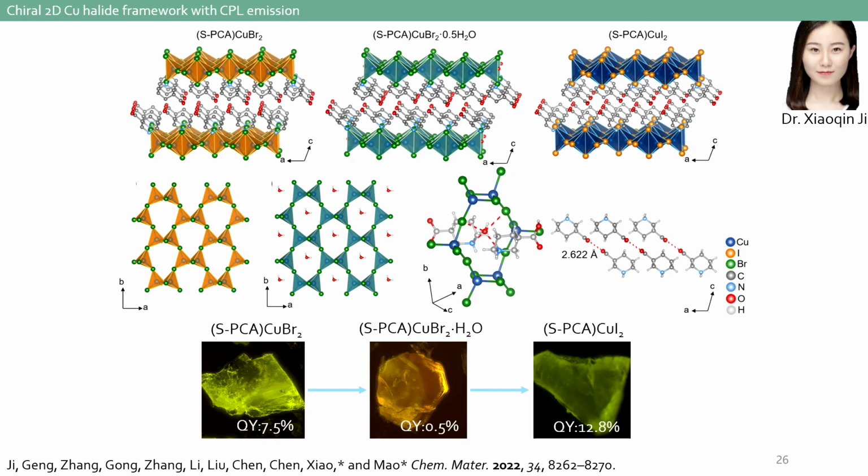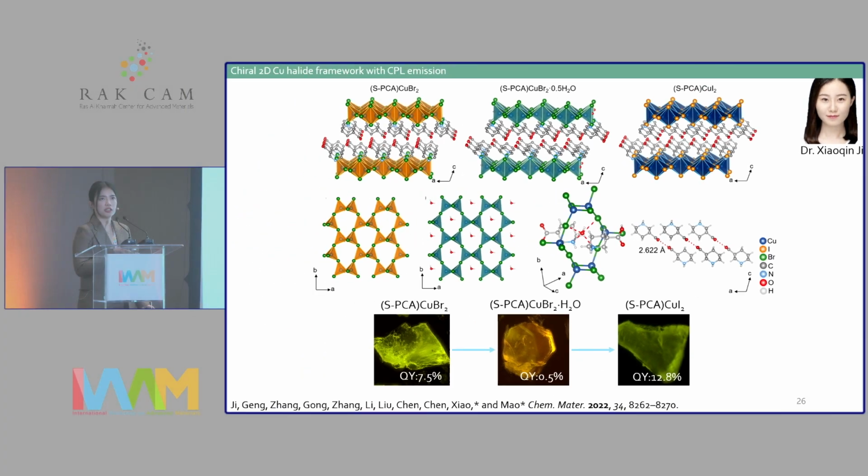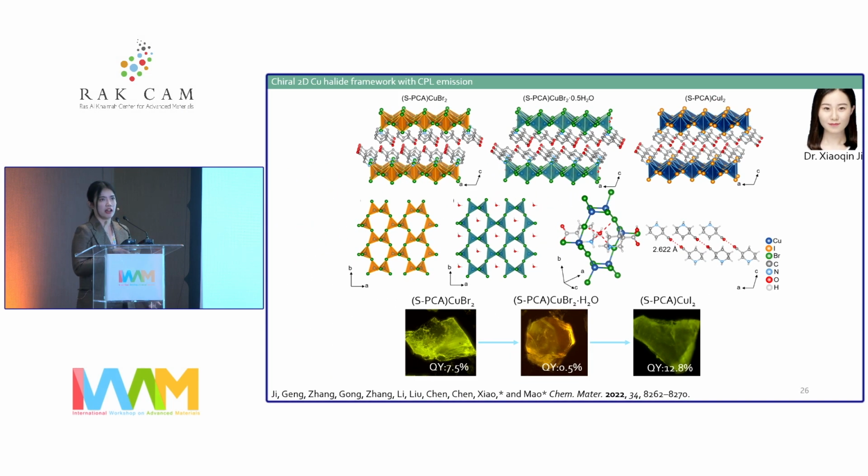And then if we switch back from coordination to just hydrogen bonding interaction in the layers, you see this kind of honeycomb framework with the copper iodide. But the emission is much lower in quantum yield, which is reasonable because the copper iodide species with the copper clusters generally have the highest emission properties.